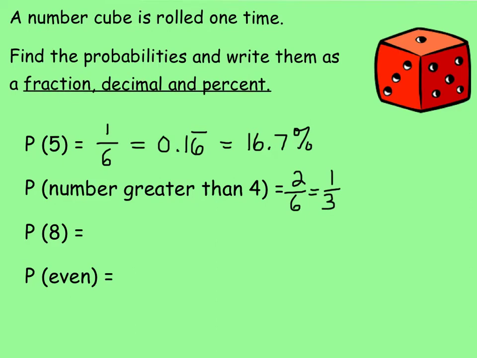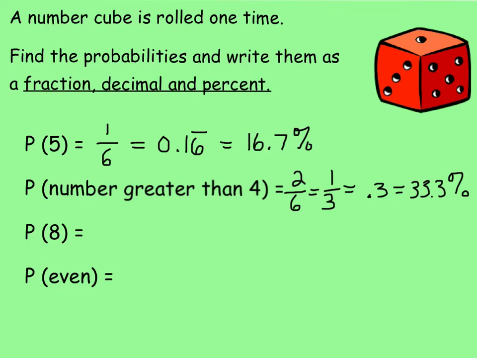As a decimal, that is 0.3 repeating. And then as a percent, that would be 33.3%. Okay, the probability of rolling an 8.